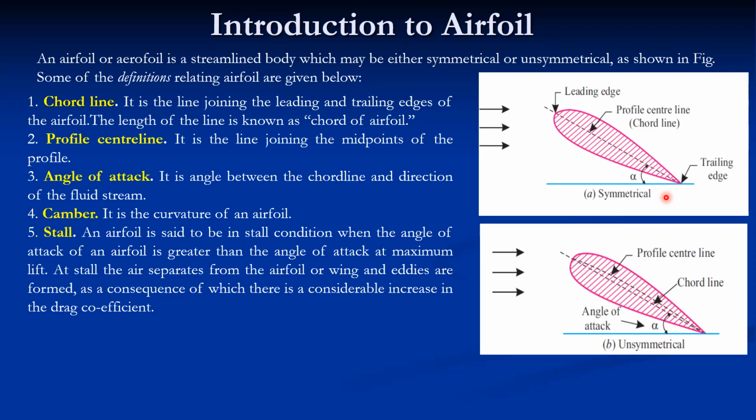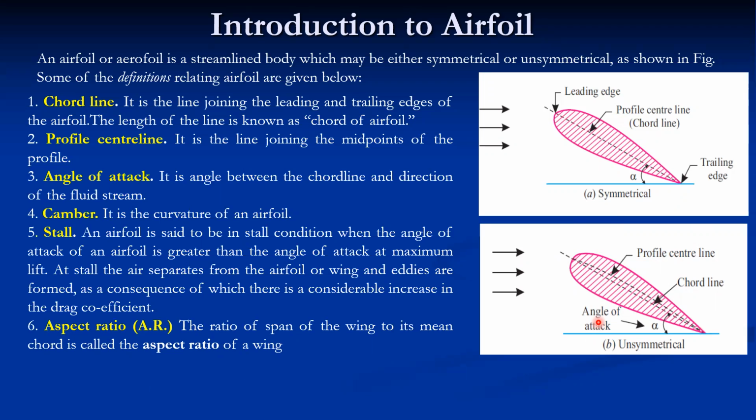At stall, the air separates from the airfoil or wing and eddies are formed, as a consequence of which there is a considerable increase in the drag coefficient. Because of the eddies, a large wake region is created here, and there is a considerable increase in the drag coefficient, or drag force, as well.